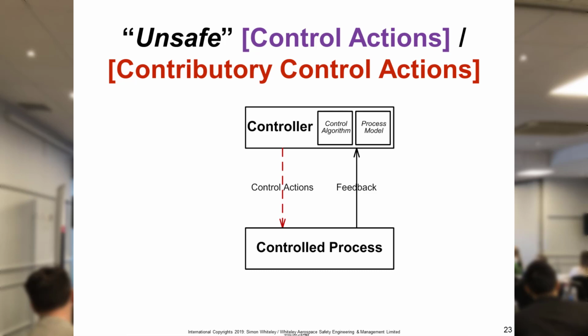Now when we're talking about an accident investigation, we don't normally say things are unsafe actions because that introduces judgmental language, particularly on the behaviour of humans, that if they've perished, they're not able to defend themselves and explain why they took the actions they did. So we talk about these in the context of contributory control actions.